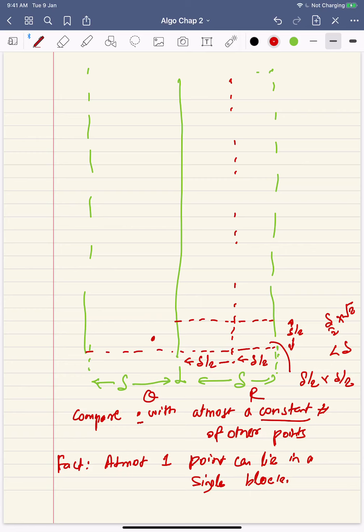Now I think you are getting how I will prove this. Then you go to this point. I'm just playing safe. Once I get a point here, some point i, how many points do I have to compare it with? I'm starting from the bottom, so there is no point below this.